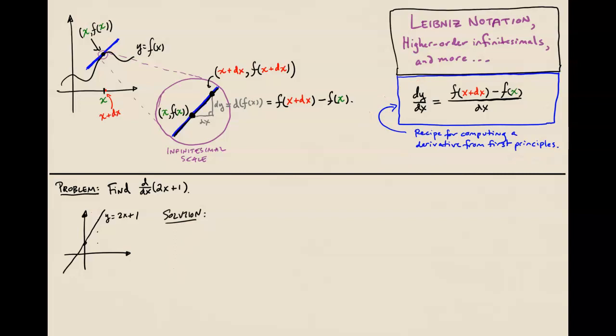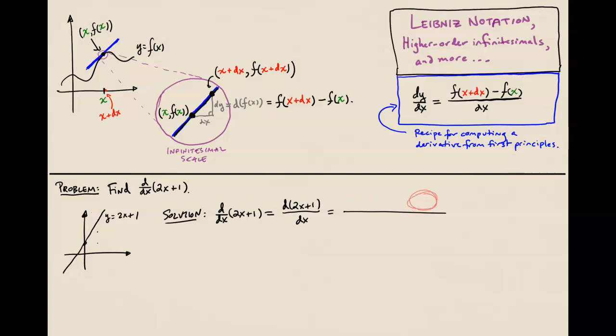So here's our solution. To find the derivative of 2x plus 1, let's stick this thing back up in its perch so that we have a proper fraction. Like this. Now we've got a ratio of infinitesimals. All we have to do is expand the top according to our recipe. It's an infinitesimal change. That means we're going to get the function's output after the change minus the function's output prior to the change.